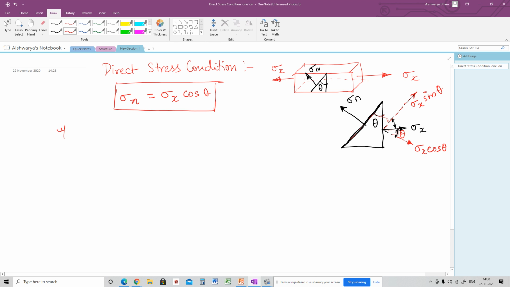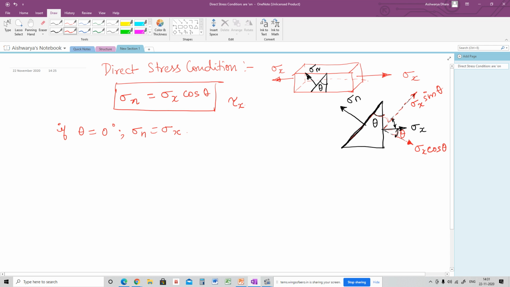Now if I consider theta is 0 degree, what will be the value of sigma n? Sigma x, ma'am. Sigma x, right? So there is one more derivation, no need to remember the derivation.